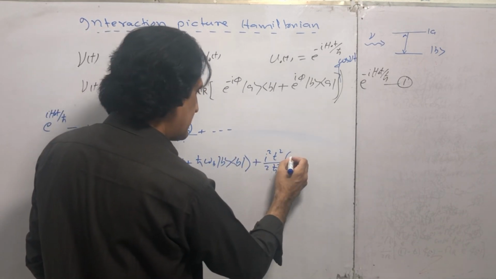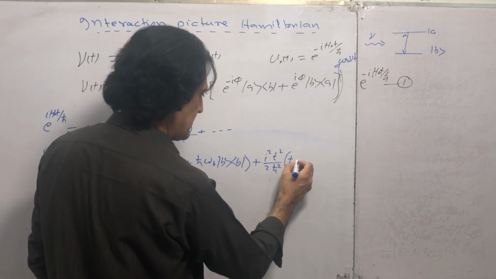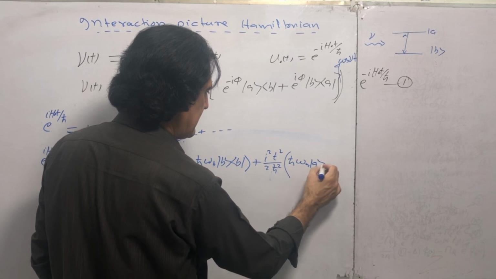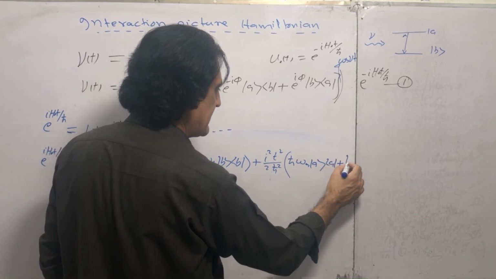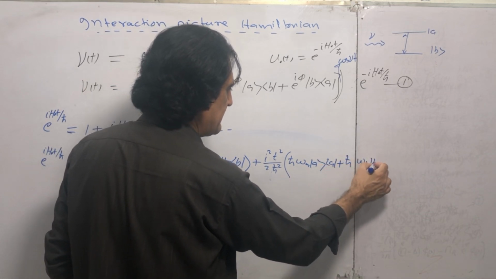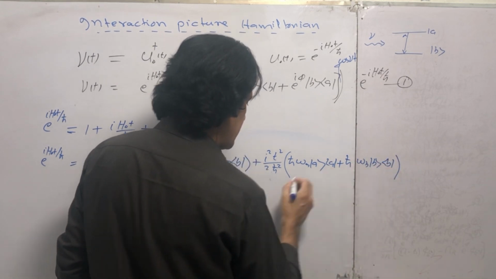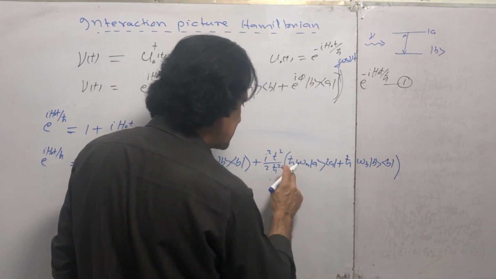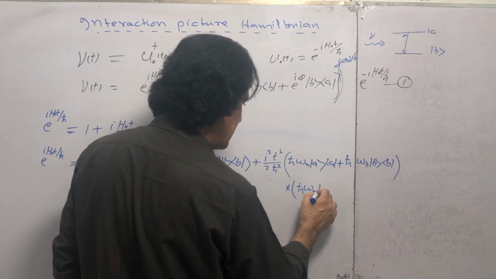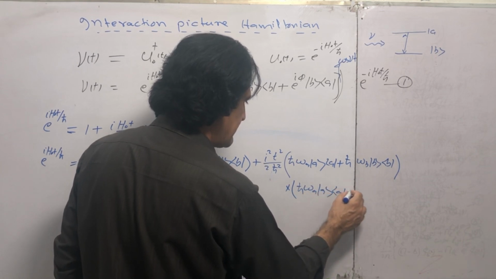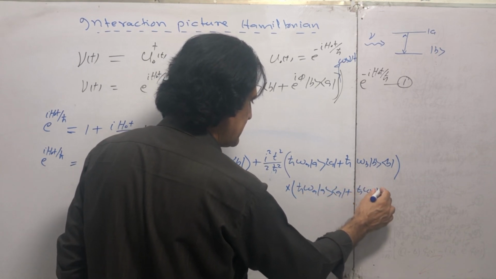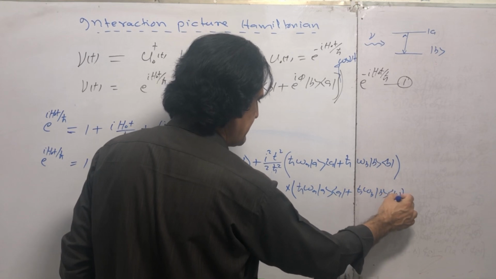Then we can say that h bar omega_a |a><a| plus h bar omega_b |b><b| with multiplication of this h bar omega_a |a><a| plus h bar omega_b |b><b|.